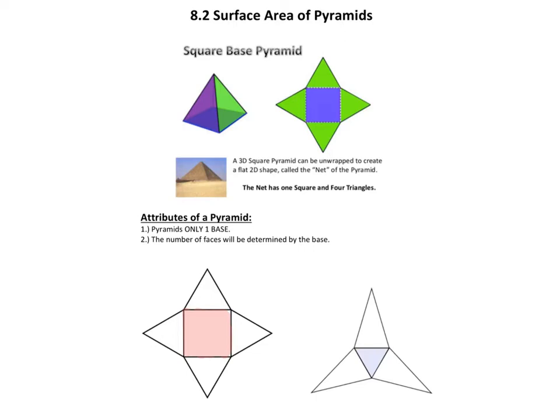Since a square base has 4 sides, there would be 4 faces, which are triangles. Now, on a triangular pyramid, the triangle is the base here. There's 3 sides, so that means there's going to be 3 faces that make it up.